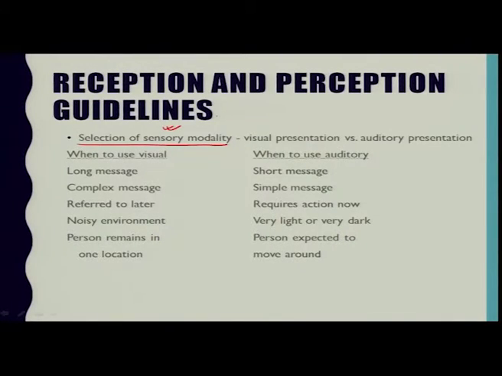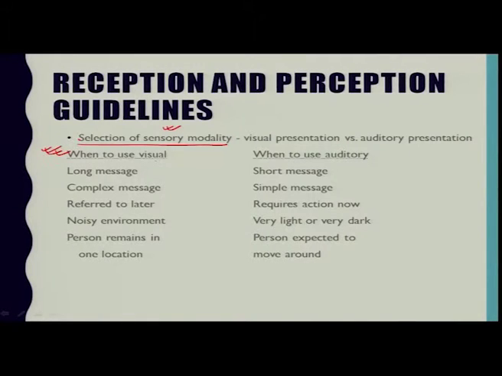In many situations the question arises whether it is better to present information by means of a visual or an auditory stimulus. There are some guidelines on selecting the sensory modalities which are presented here. Other sensory modes are not usually considered except in special cases, like for blind people or persons who are differently abled.